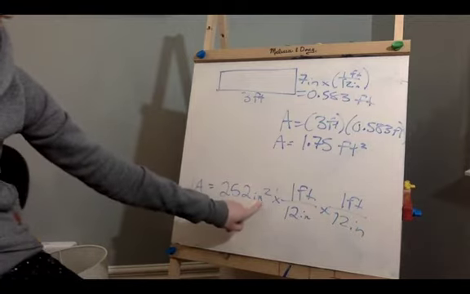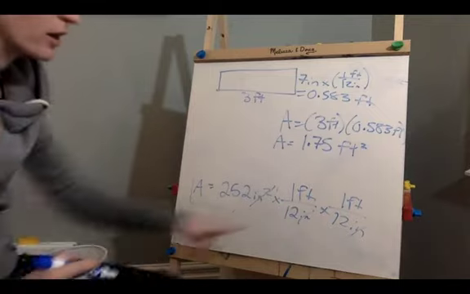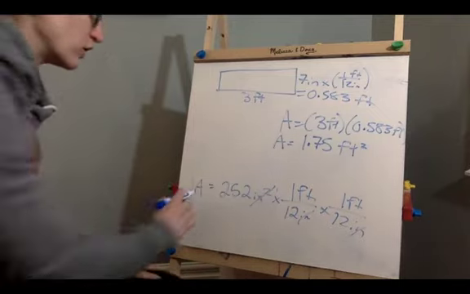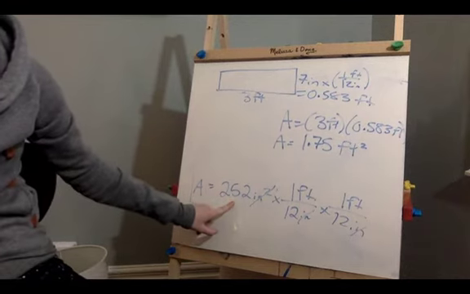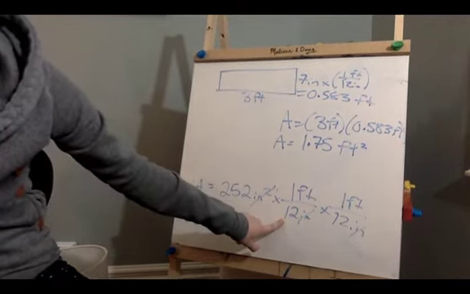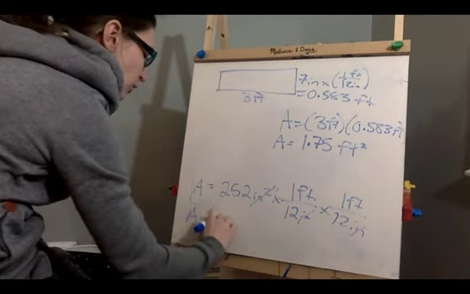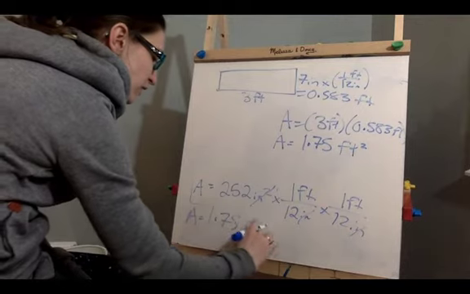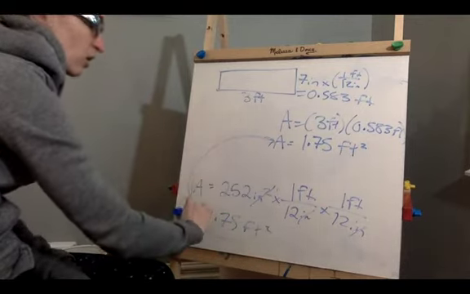Inches squared is 2 inches, so the 2 inches there can cancel with the 2 inches there, and I'm left with feet times feet, which is feet squared. That means I'm taking my 252, dividing it by 12, and then dividing it by 12 again, and it gives me a value of 1.75 feet squared, which is the exact same as what it was up here.